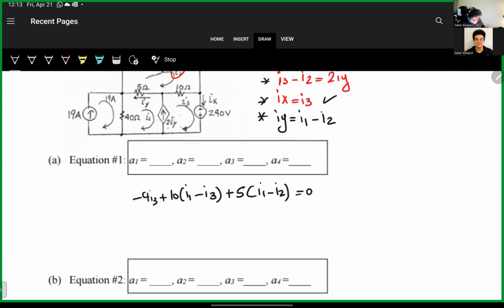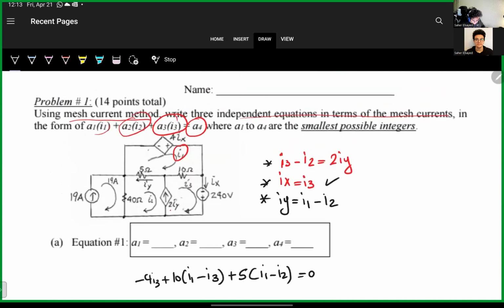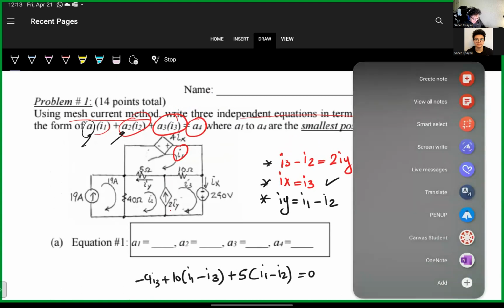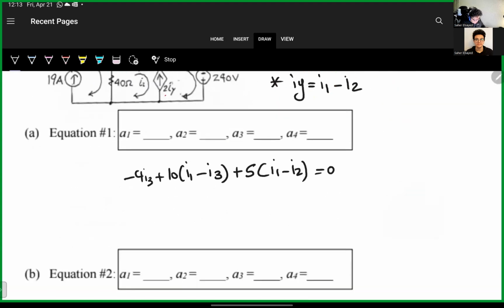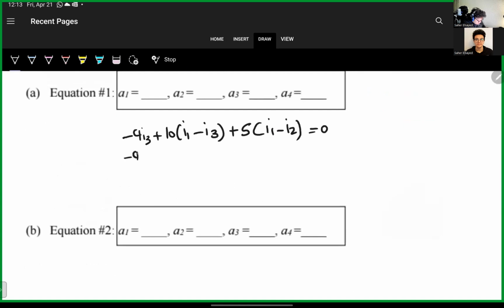You just need to solve what you have here, and solve for A1, which is the coefficient of I1, solve for A2, A3, and find A4. I'm gonna do it for one, and you guys will do the rest, okay? So this is minus 4I3 plus 10I1 minus 10I3 plus 5I1 minus 5I2 equal to 0.